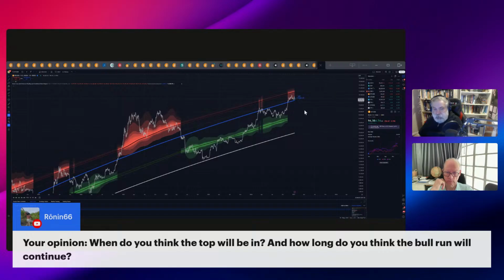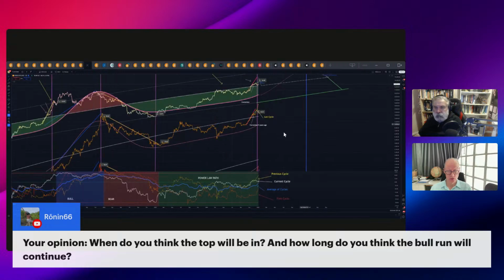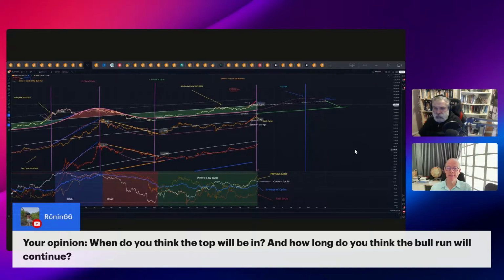Your opinion, when do you think the top will be in? Stephen, do you have anything on this? Yeah, I think my opinion is probably a little bit earlier than Giovanni's. Look, from the halvings, the average duration has been between 1 year and 1.5 years. So 1 year after the halving would be the end of April this year, right?